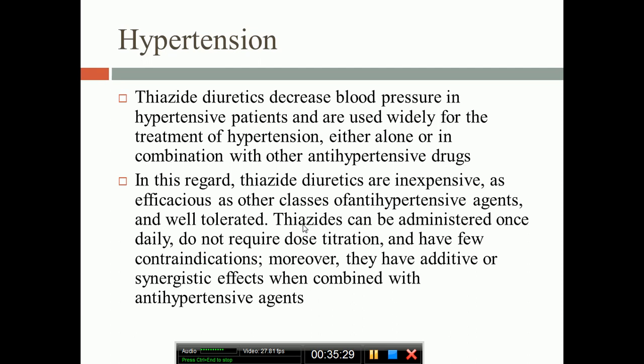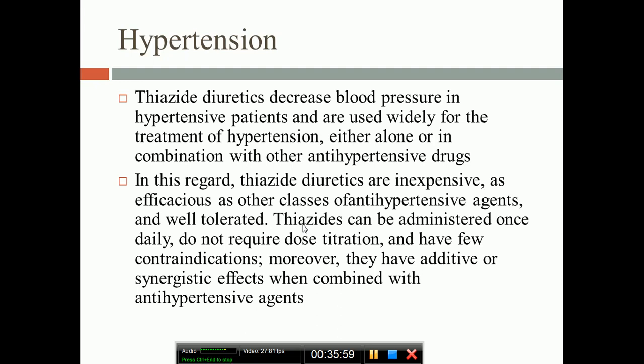In Pakistan, thiazide diuretics are not available as monotherapy or for sole treatment of hypertension. They are mostly available in combination with other drugs like ACE inhibitors, enalapril, and thiazide diuretics.